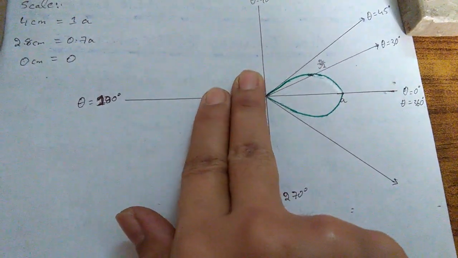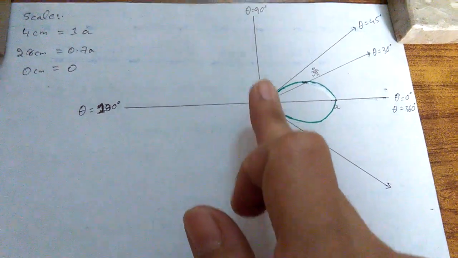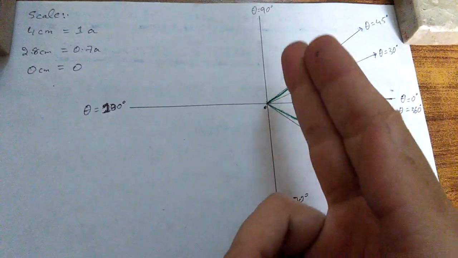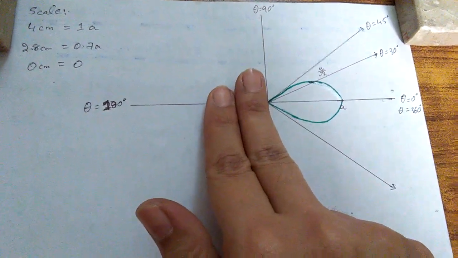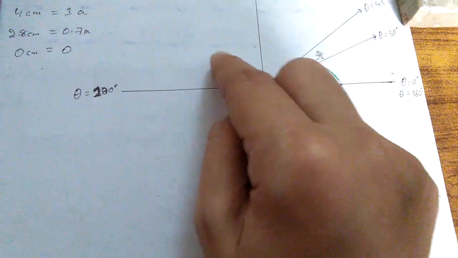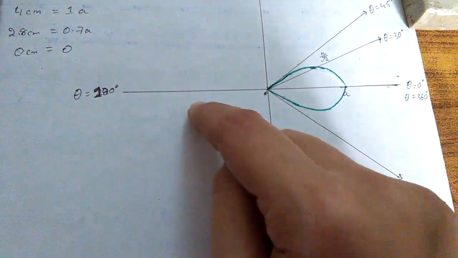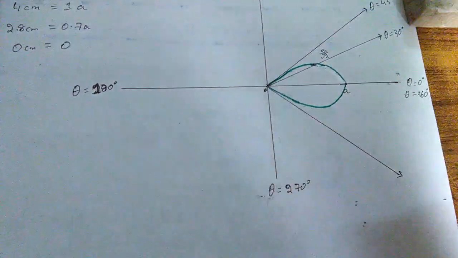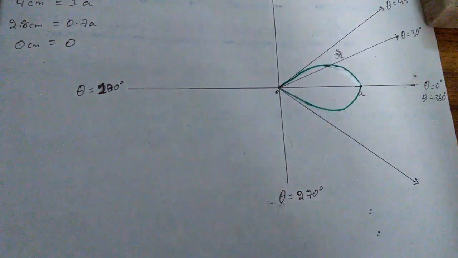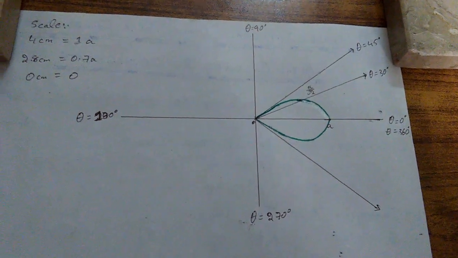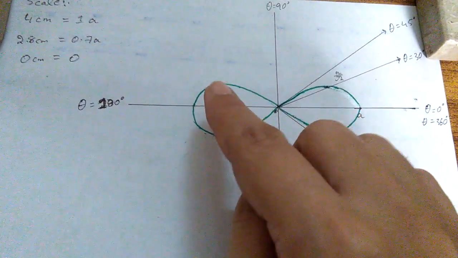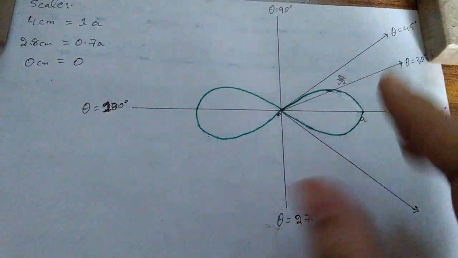I'm going to have another petal exactly over here. Because it is symmetric with respect to the pole, the same shape I'm going to get at this side as well. That's something that I will draw freehand as well, managing the symmetry. That's what I've done. I've just drawn this on the basis of symmetry, and that's it.